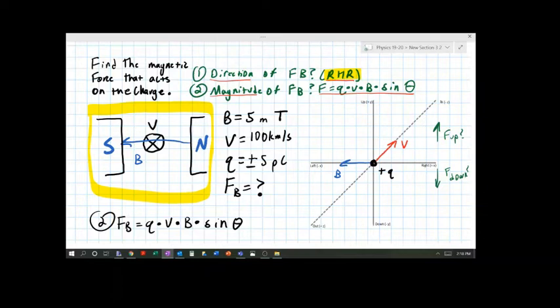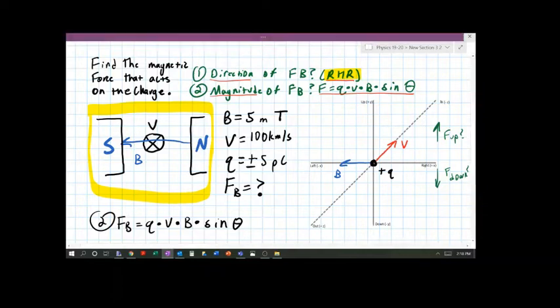It has to be on the y-axis. It has to be up or down. If it was on the x-axis, it'd be parallel to B, and there would be no force. And if the force was on the z-axis, it would be parallel to V. So that can't happen either. So it's either got to be up or down.